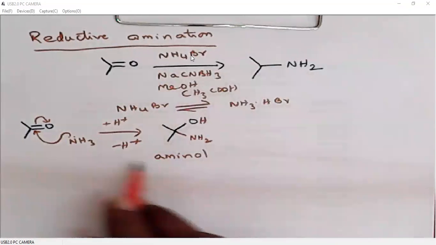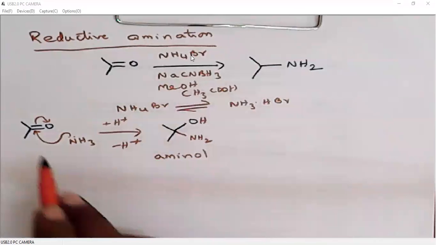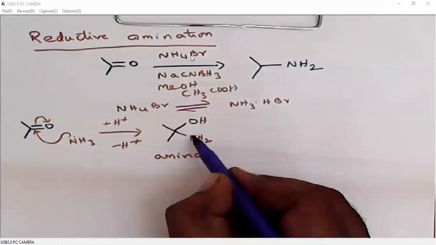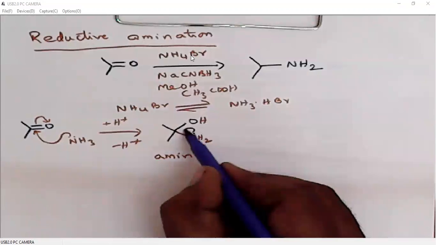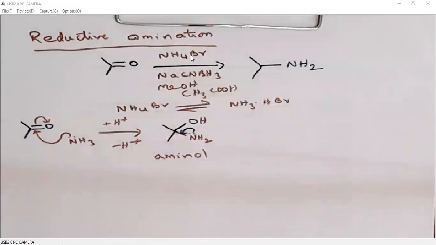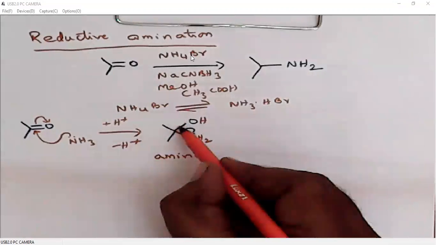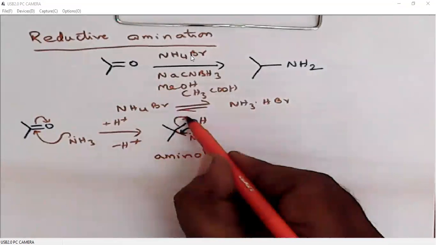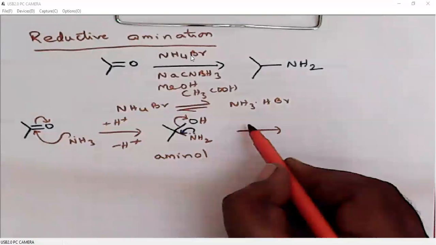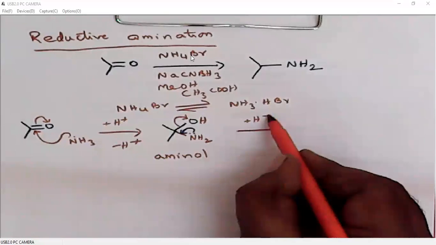The reaction between carbonyl and amine will not stop here. It will further undergo reaction. The nitrogen lone pair can be polarized towards this carbon, so it generates a carbon nitrogen double bond. Then this OH will leave as OH minus. Then to OH minus we can add a H plus so that it becomes water.